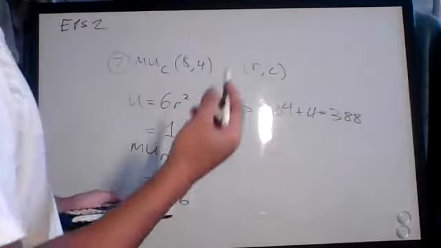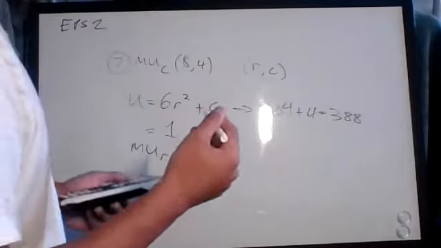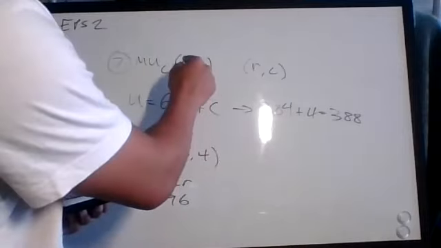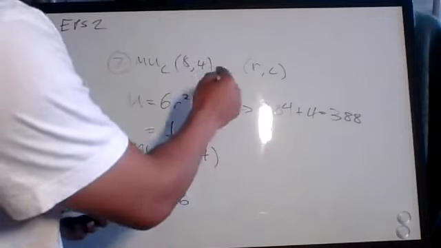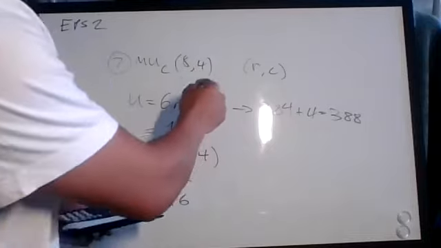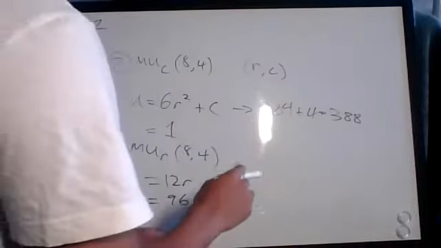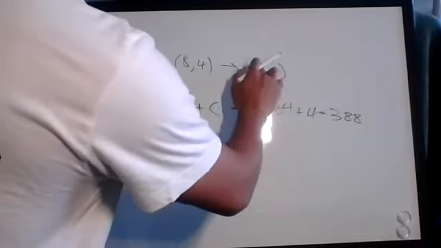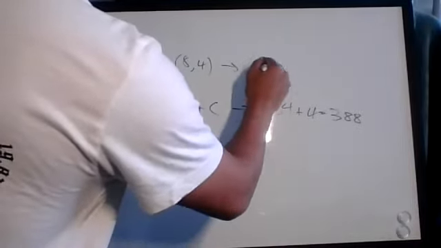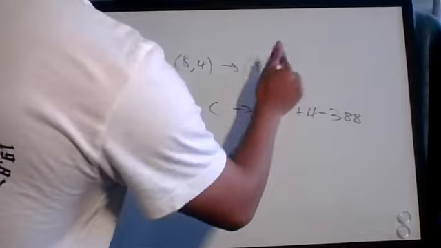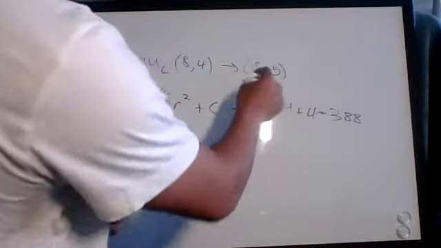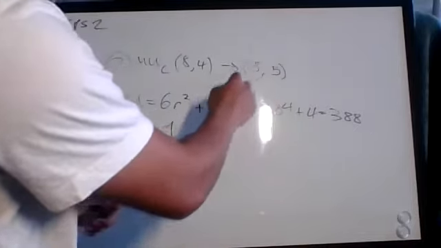Looking at the marginal utility of chicken, I'm holding my consumption of rice constant and increasing my consumption of chicken by 1. So I go from 8, 4 to 8, 5, and that tells us what the marginal utility of chicken is.